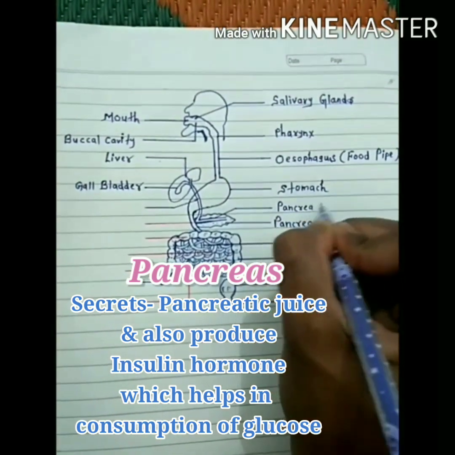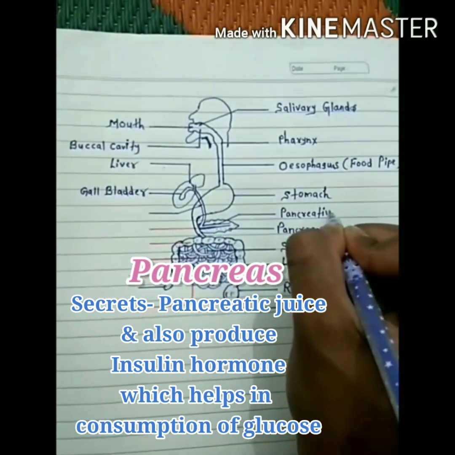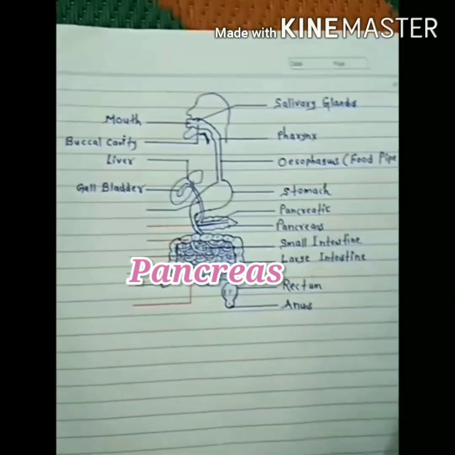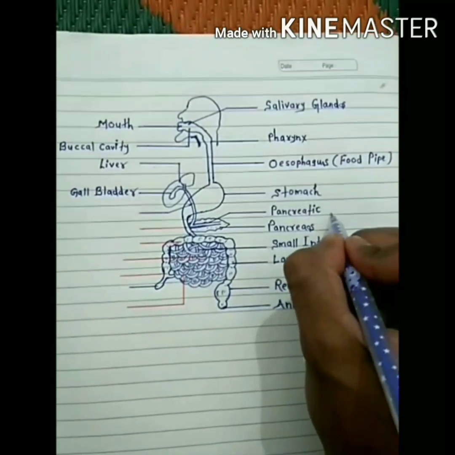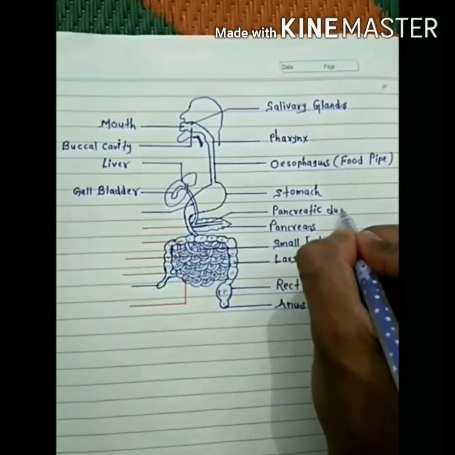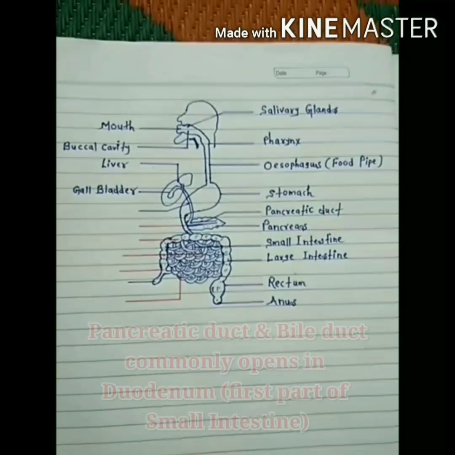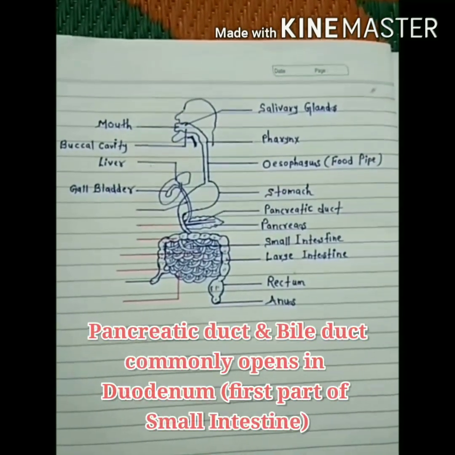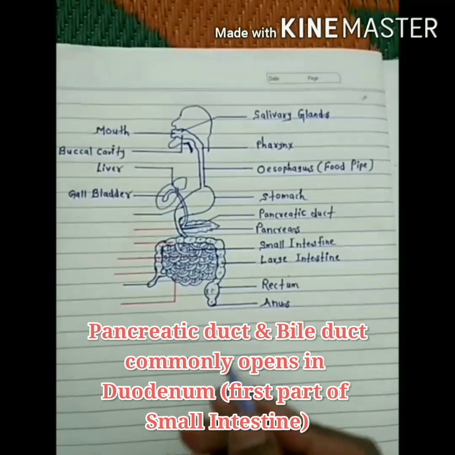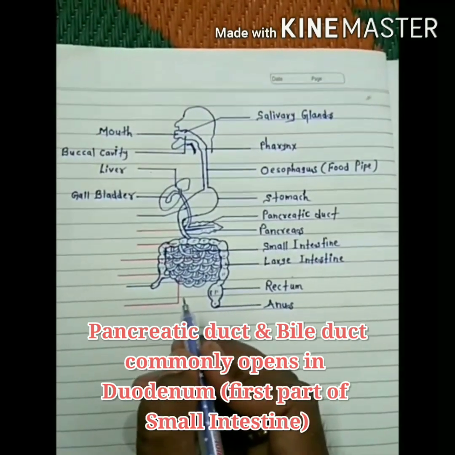And in the pancreas, there is a pancreatic duct. So you can see कि pancreatic duct और bile duct वो दोनों आपस में जुड़ी हुई हैं और एक common opening के साथ वो open होती हैं small intestine में. The first part of small intestine, duodenum. We will write that part later.